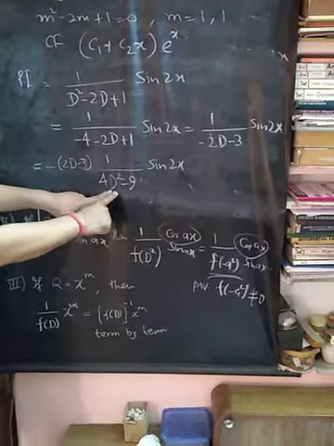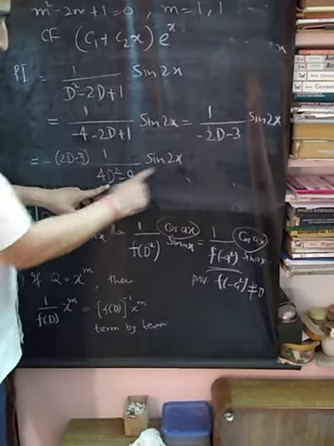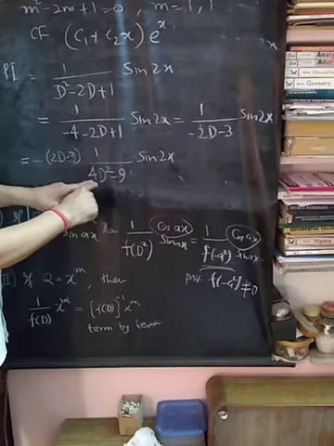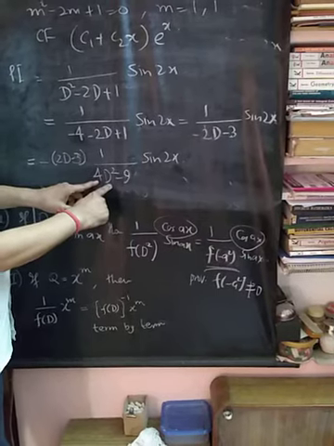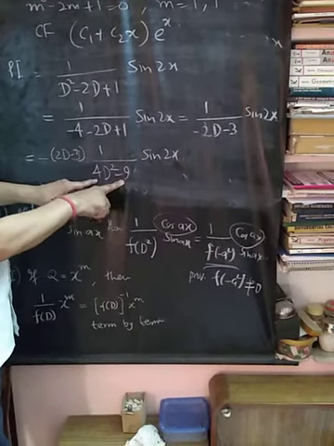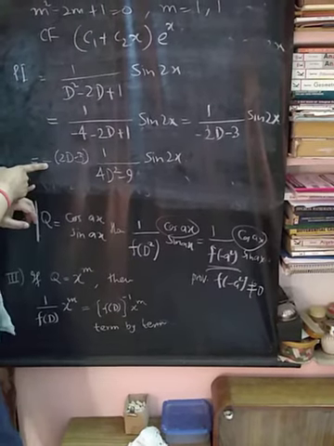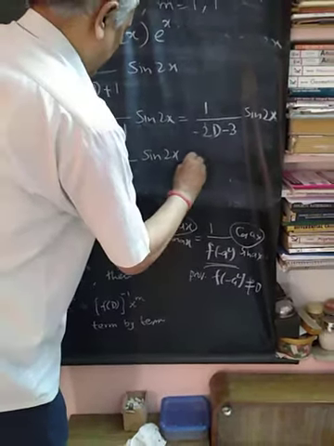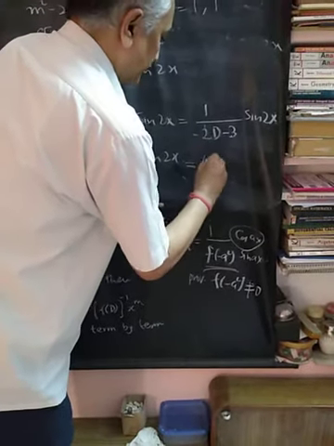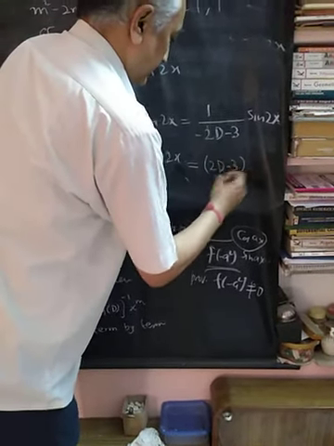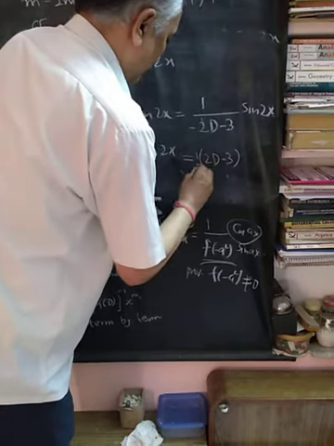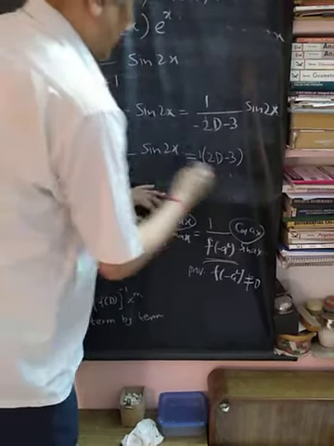Now again you will put D squared as minus 4. This will become 4 into minus 4, minus 16, minus 9, minus 25, and there is a minus sign here. So this is (2D minus 3) and this is 1 upon 25 and sin 2x.